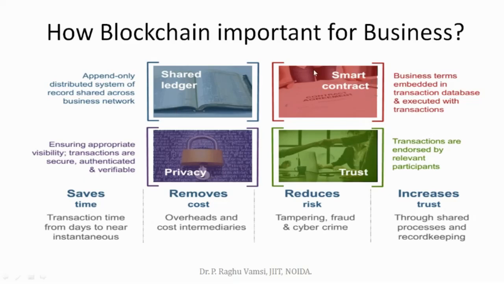In the same way, a smart contract is nothing but adding some intelligence to the contract. Here you add some business terms embedded in the transaction database and executed with the transaction. Whenever that particular condition is satisfied, the transaction will automatically be initiated and sent.